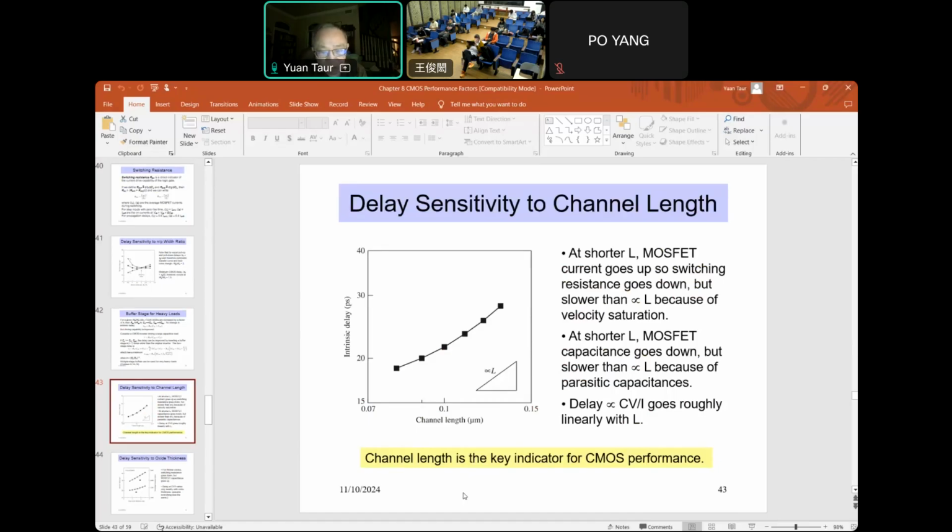Eventually we get to 10 nanometer, but in the meantime, it's not going down fast, and that also explains why the microprocessor clock frequency sort of stalled at about 5 gigahertz or so. Okay, it's very hard to make a single microprocessor that switches faster than that because the device delay is limited by the channel length, which no longer improves as fast as before.